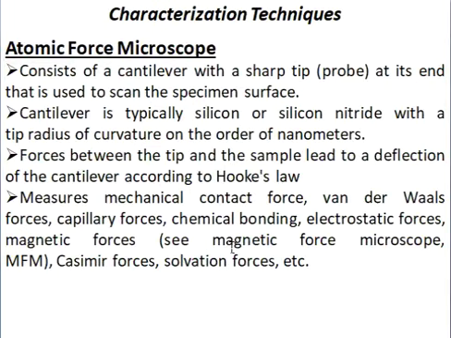So it consists of a cantilever with a sharp tip. The tip usually will be in nanometers. It is basically made of silicon or silicon nitride, so that we have a very hard and brittle tip, so that there is no wear of that tip.